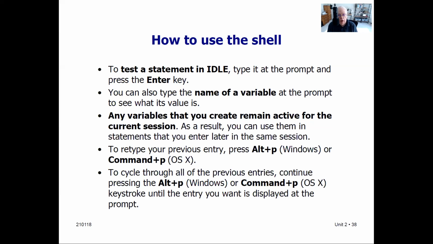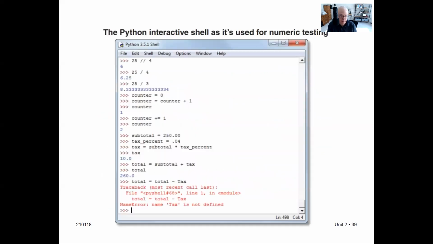If you are initializing a variable and using that variable in a calculation and you want to see what's in that variable at any point in time, just enter the variable name and press enter. That's it, just the variable name, press enter, and you'll see what's in the variable. So those are some simple things that you can do. We have some examples in the chapter.